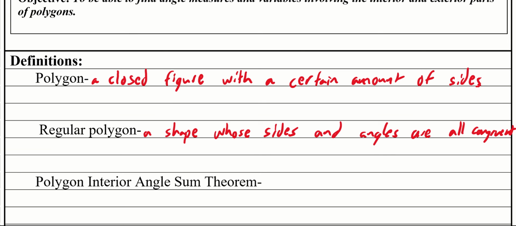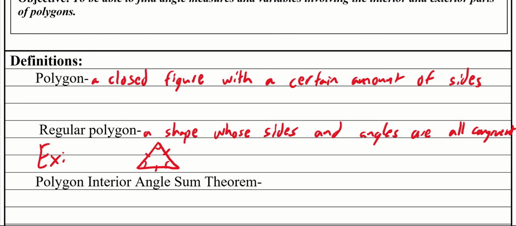So, for example, one way that we've seen this so far is when we were talking about triangles, we talked about types of triangles that have all the same sides and all the same angles. So I'm going to go ahead and draw that here. I don't need to necessarily mark exactly what they are. I can just put a dash mark on all the sides and then an arc on all the angles. Remember, this was an equilateral and an equiangular triangle, and this would be an example of a regular polygon. Three-sided shape, all the sides are congruent to each other, all the angles are congruent to each other.